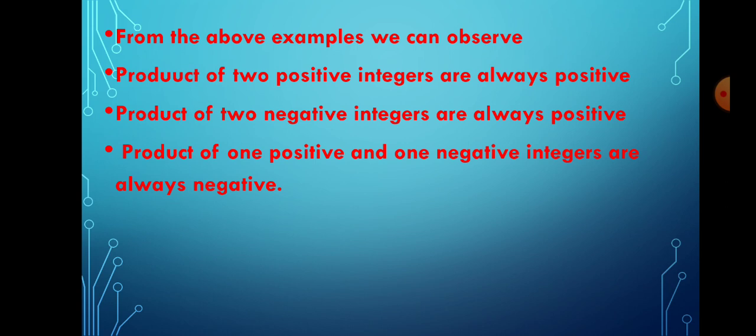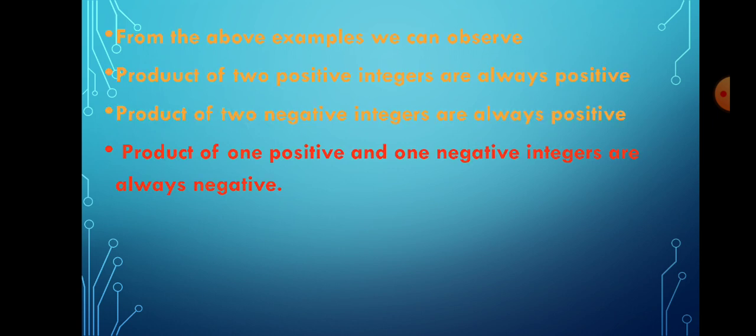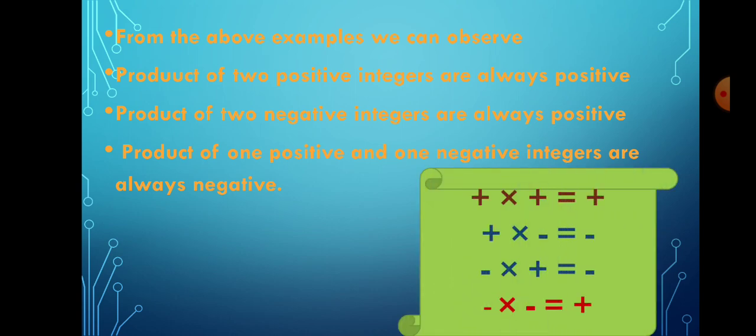From the above examples we observe the product of two positive integers is always positive. The product of two negative integers is always positive. The product of one positive and one negative integer is always negative. If you remember all this, you will get the answers very easily. Okay children, plus into plus, plus only.